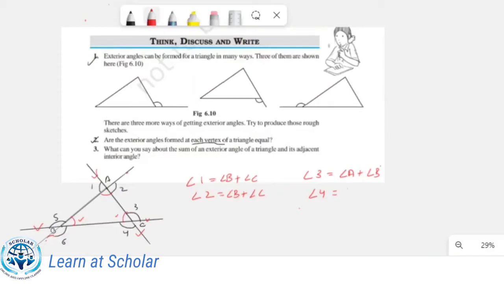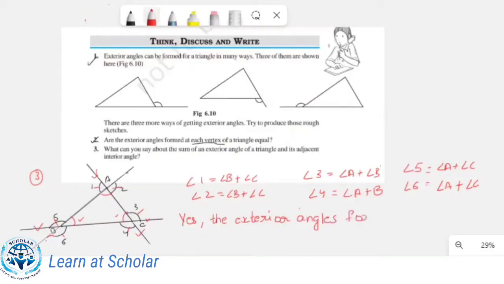Angle 3 in the same manner, angle A plus B, angle 4, angle A plus B. So we can see that the measurement of both the angles constructed on the same vertex is the same. That means the answer to this question is yes, the exterior angles formed at each vertex of a triangle are equal.